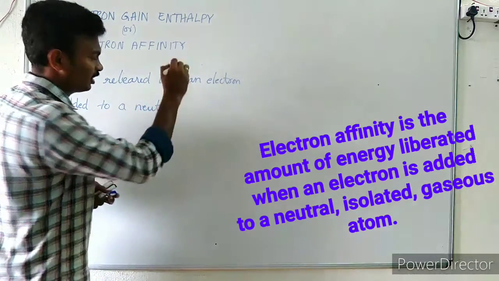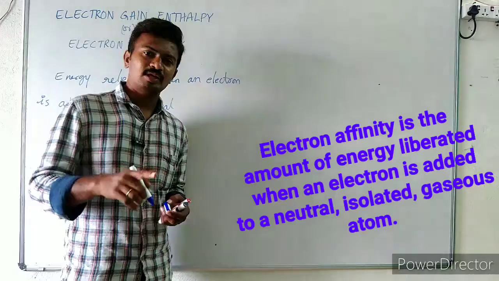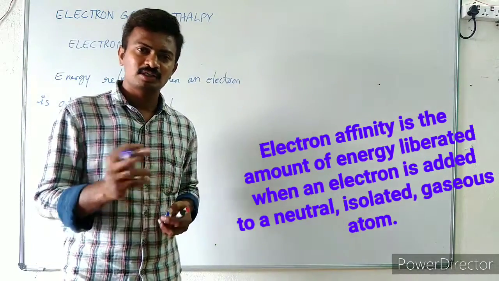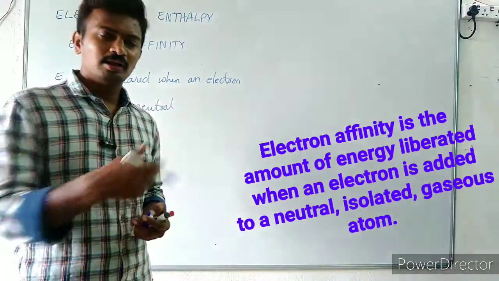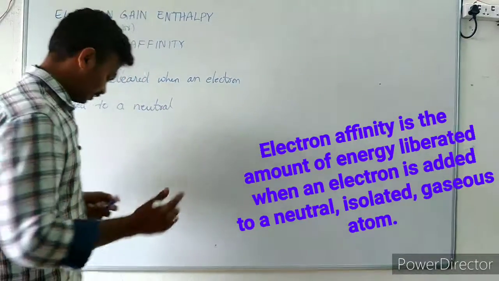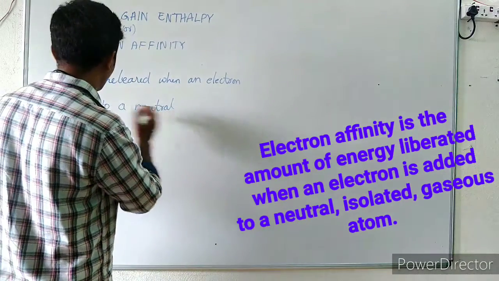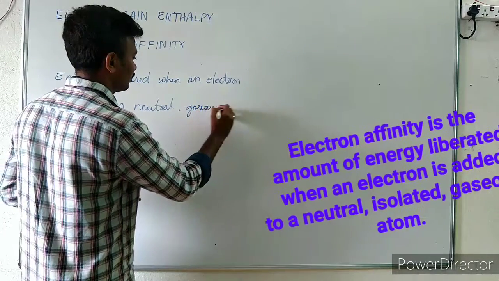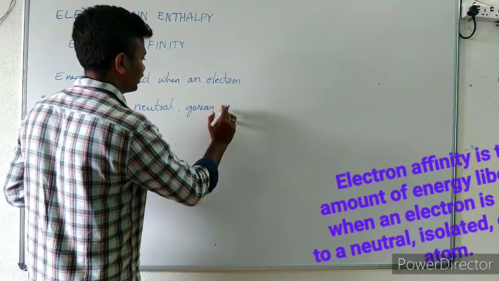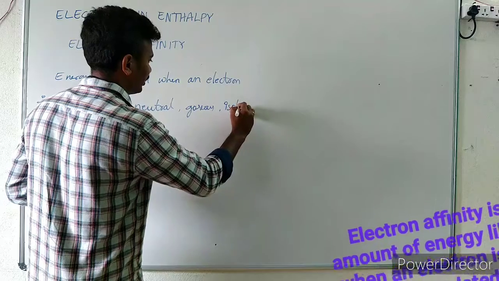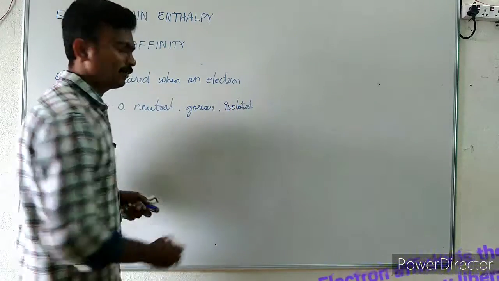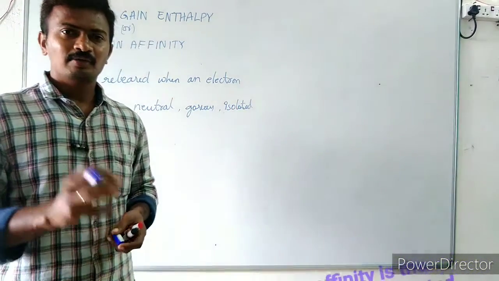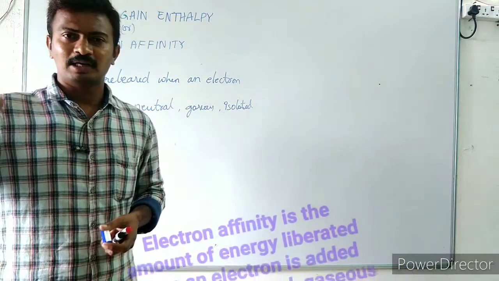Here also the same. Only for a neutral, isolated gaseous atom will we be adding an electron, just like the removal of an electron in the case of ionization energy. The same manner we will be taking here: a neutral gaseous isolated atom. Why do we take an isolated atom? Because when an atom is bonded to some other atom, it will have attractive interaction with that particular atom.